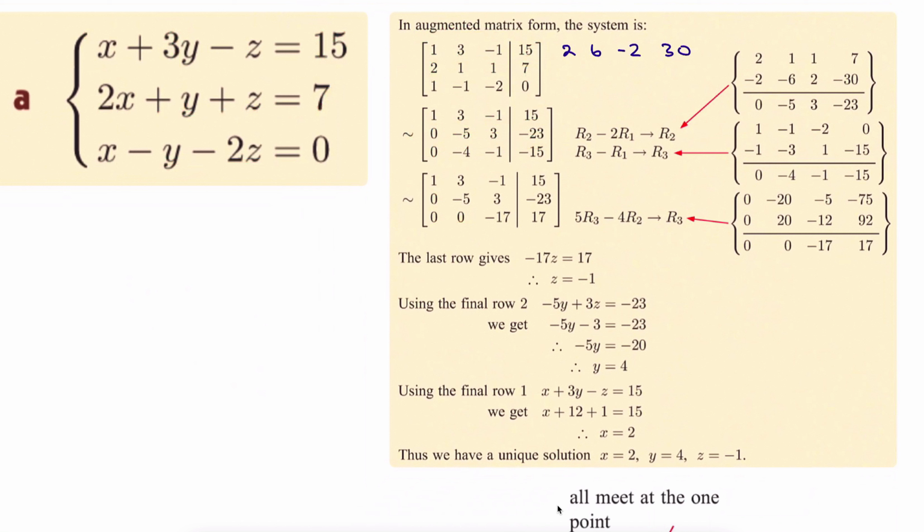And just underneath, so you can see it, I'll write 2, 1, 1, 7. That's row 2. So that is still the same set of equations. It's just doubling the top line. It doesn't matter that you double everything on it.